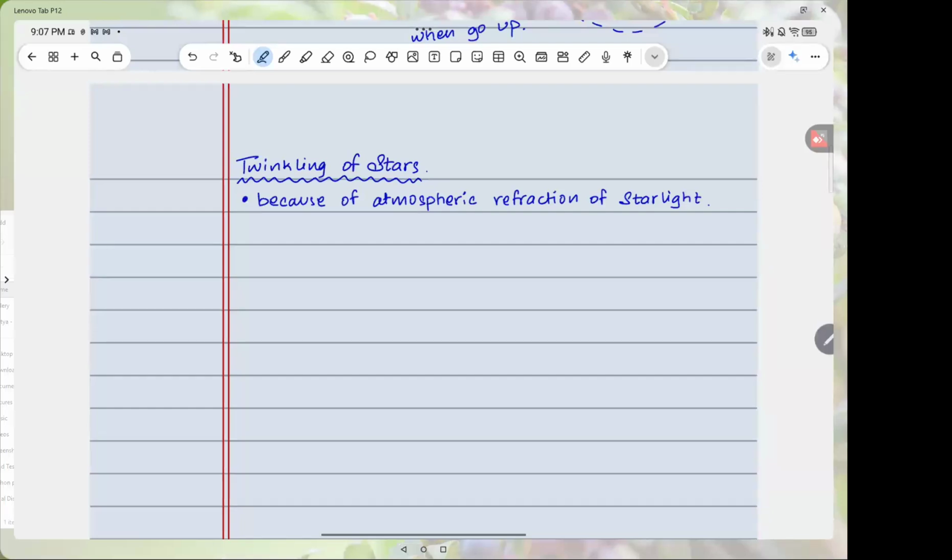So what happens when starlight enters the Earth's atmosphere? It undergoes refraction continuously.